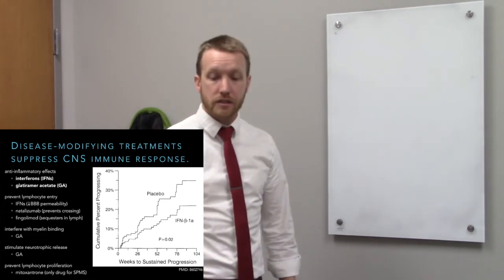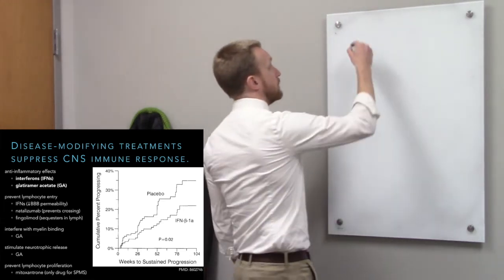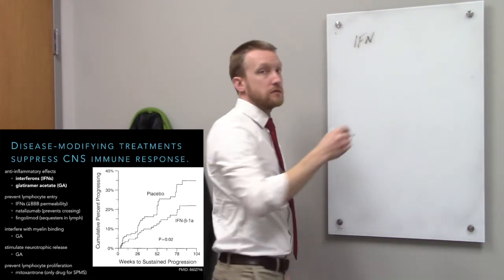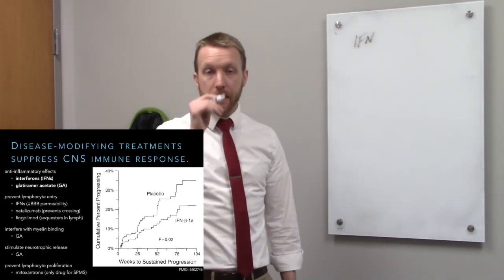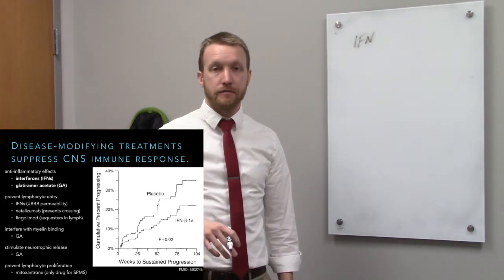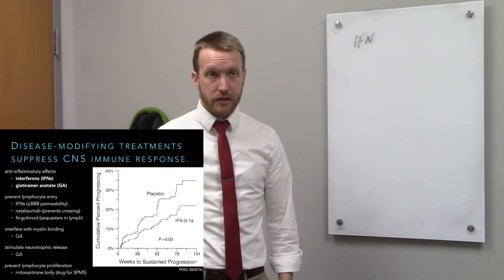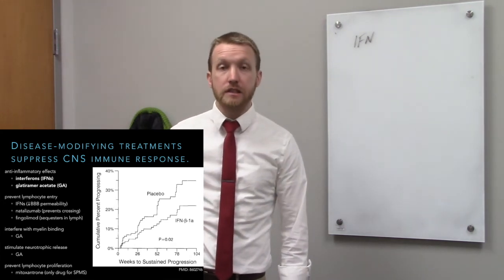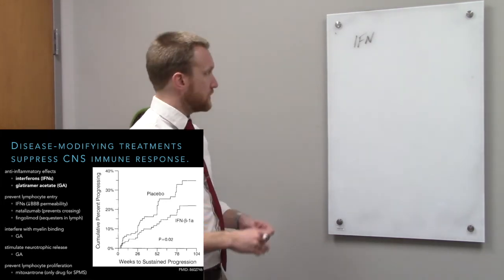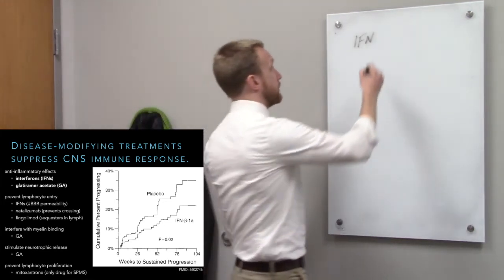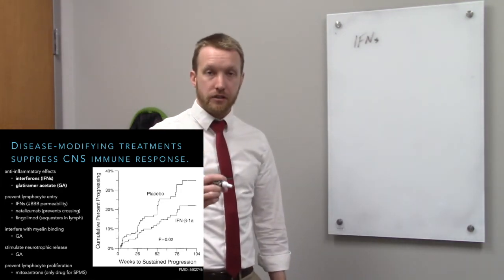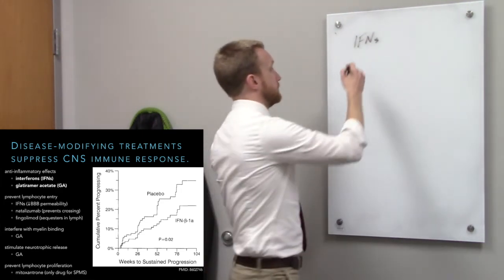You can suppress immune function. And that's what our interferons are going to do. They're going to have anti-inflammatory effects. Acutely, you can use corticosteroids. They're not going to modify the course of the disease, but they'll help reduce inflammation. The disease-modifying treatments, though, the first lines would be the interferons, and then there's glatiramer acetate.